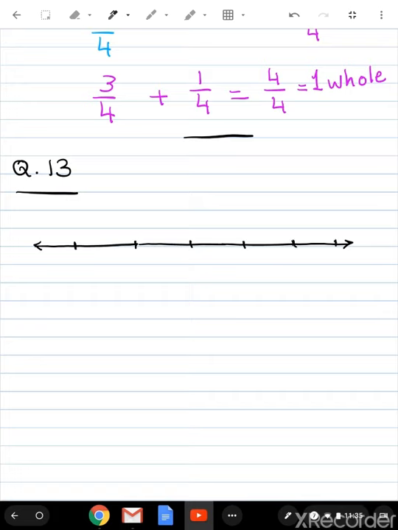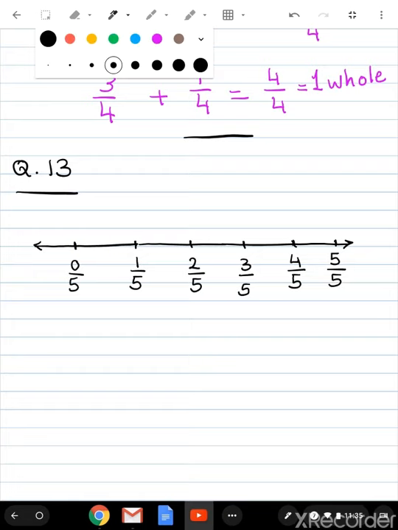The first part will be 0 out of 5. This is our starting point. Then 1 out of 5, 2 out of 5, 3 out of 5, 4 out of 5, then 5 out of 5.